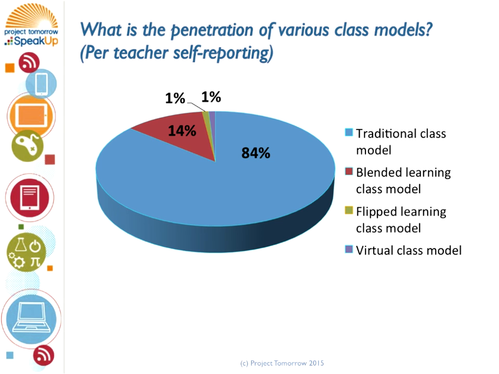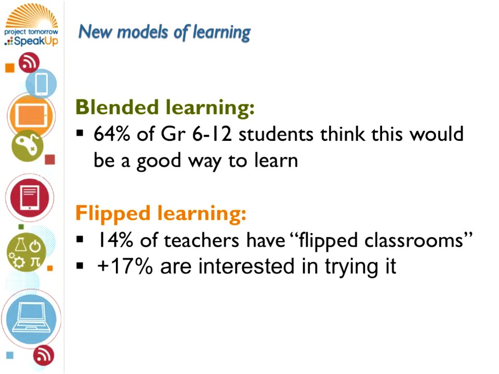About 14% of teachers told us that they have implemented a blended learning classroom, and we gave them a definition based on the Christensen Institute as well as the iNACOL definition so that they could relate to that. Only about 1% told us in that question that they have implemented a fully flipped learning class model, though you'll see in a moment a higher percentage say that they have experimented with flipped, so we still see that as emerging. And then obviously a smaller percentage also for virtual classes.